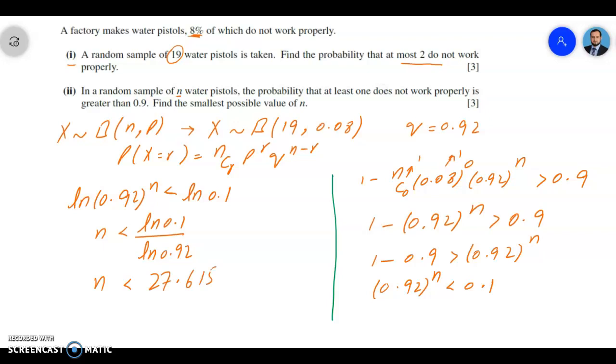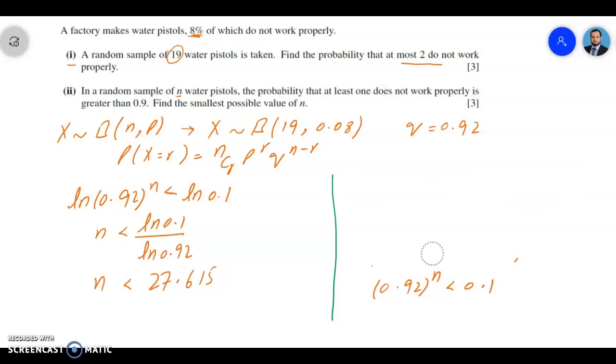The other way around is the hit and trial method, which you learned in IGCSE.